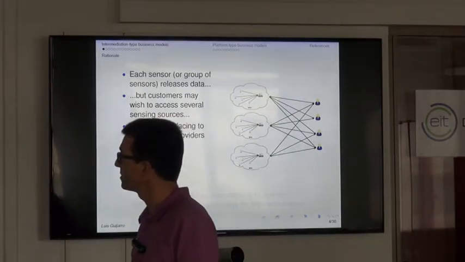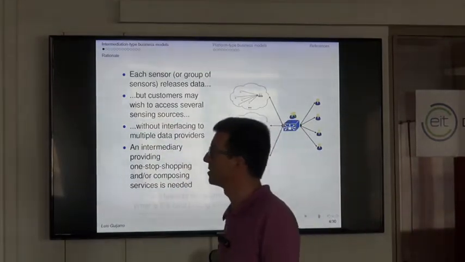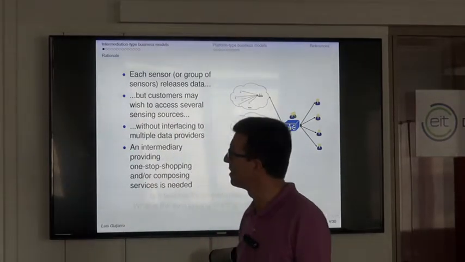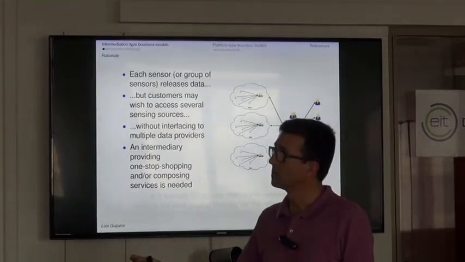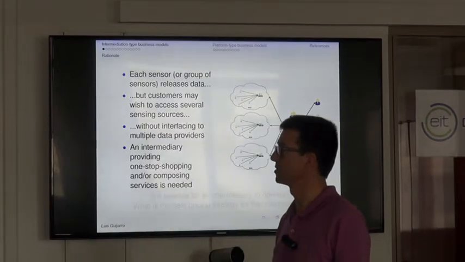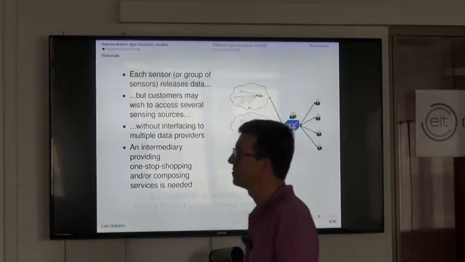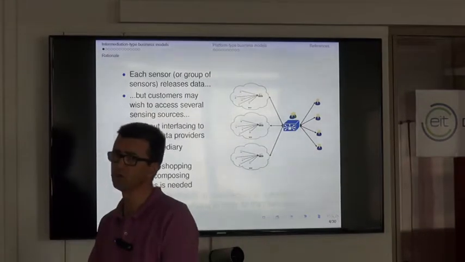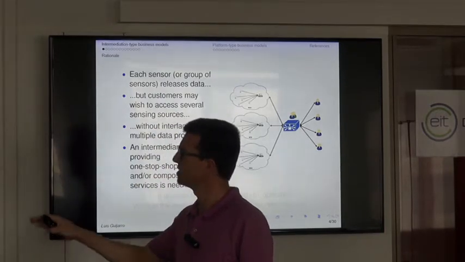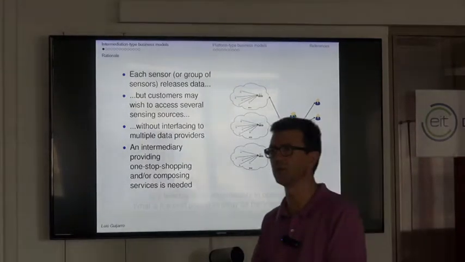So there is room for an intermediary. An intermediary which, in the simplest case, will be just intermediating in the delivery of data from the networks to the users. But what is more interesting to me is that this intermediary can use the data from the different networks in order to compose a service and deliver that service to the users.